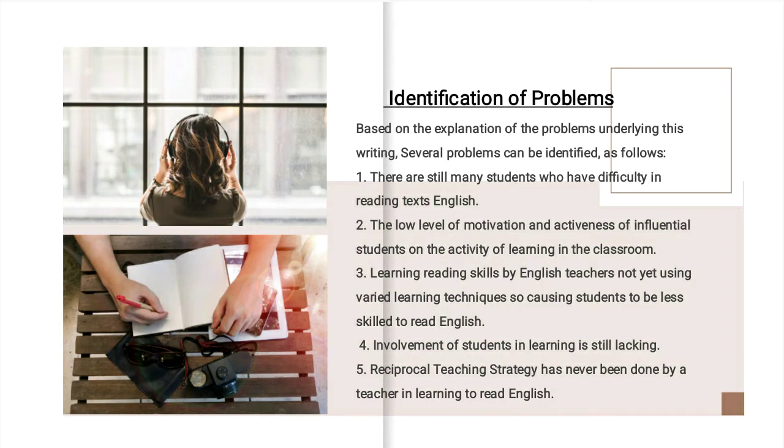Reading skill is taught by English teachers without varied learning techniques, causing students to be less skilled in reading English. 4. The influence of students in learning is still lacking. 5. Reciprocal teaching strategy has never been done by a teacher in learning to read English.